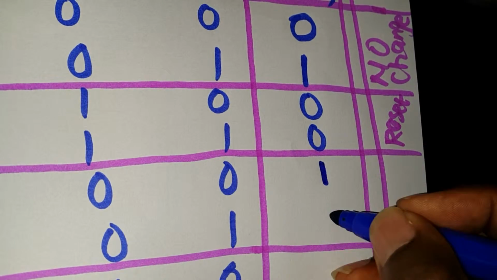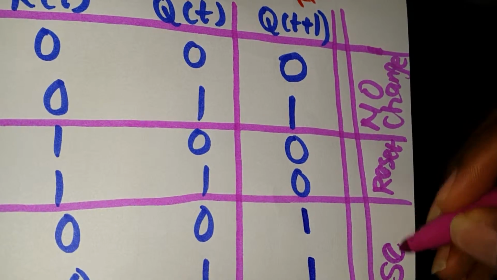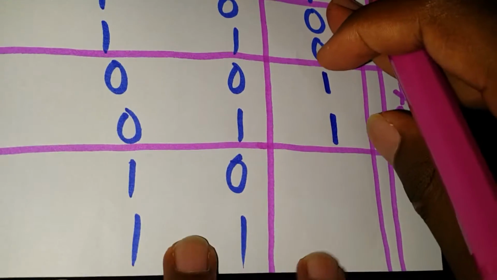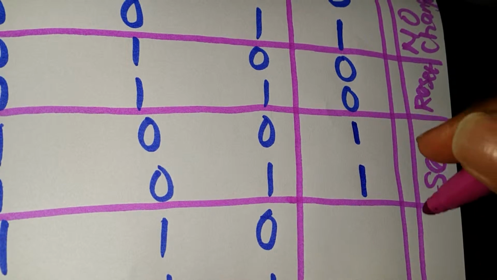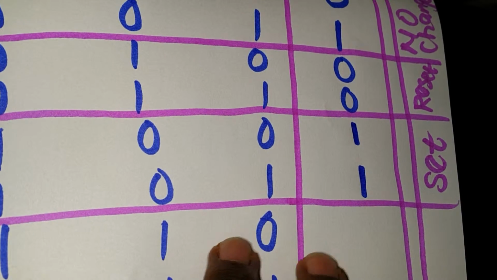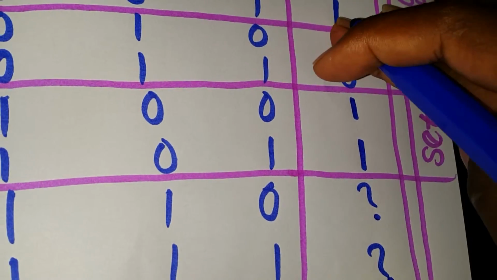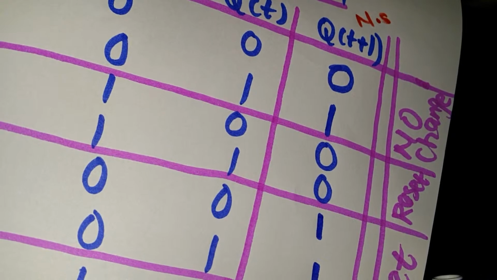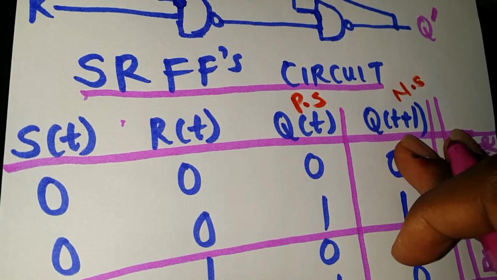So it will be 1, 1. And the last block, which is 111, which is 7, is undefined. That's for SR flip-flop. So this is the table for SR flip-flop.